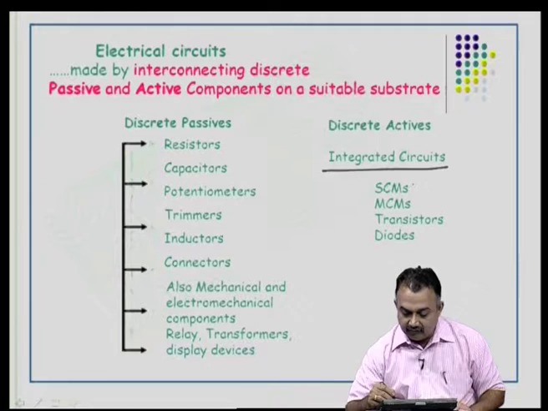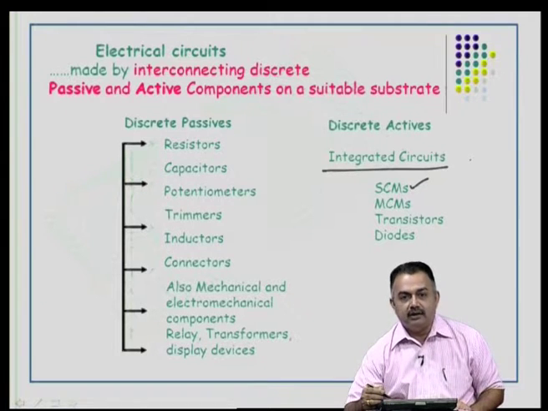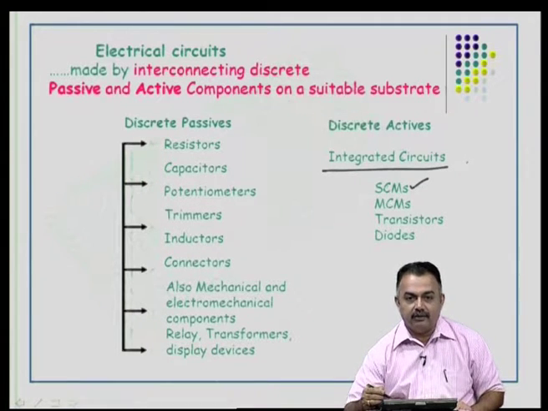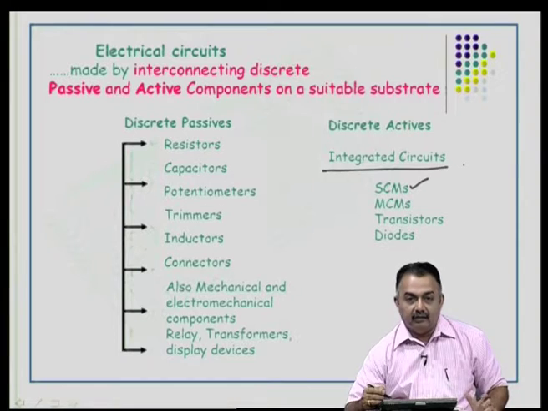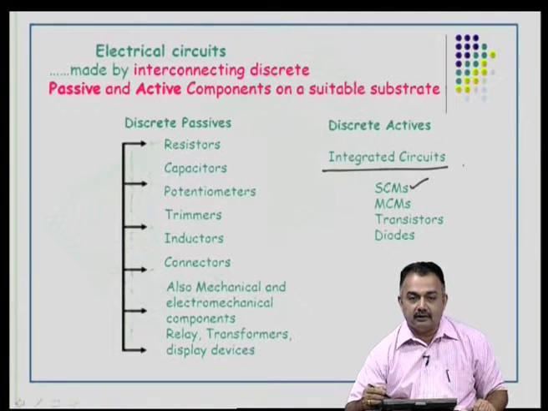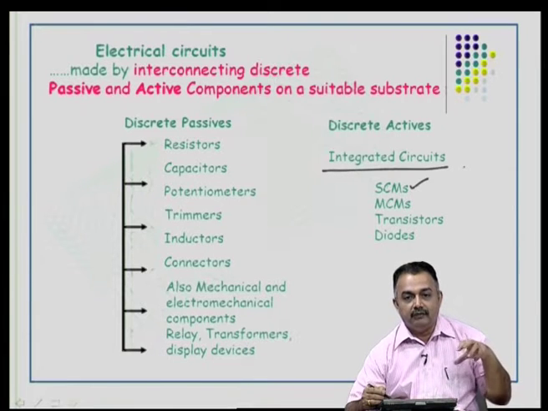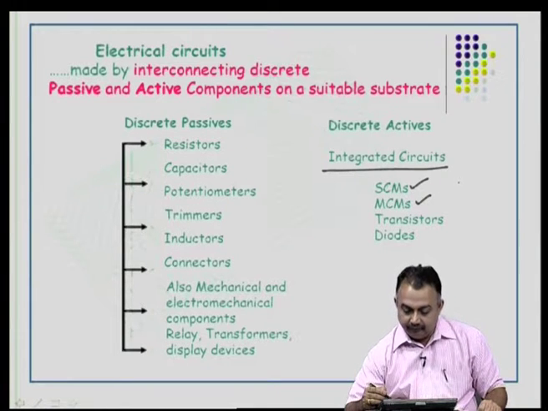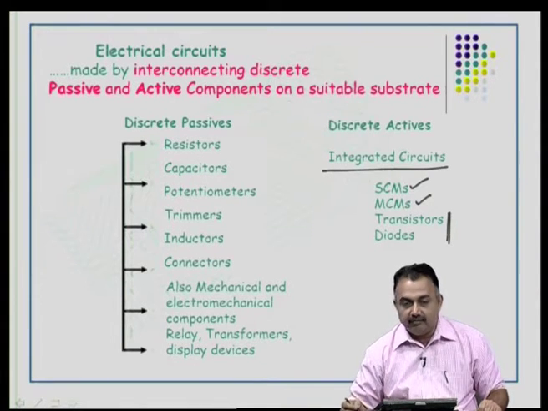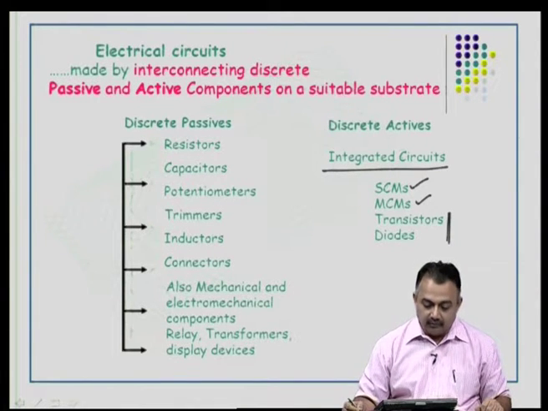We can also have on the board mounted single chip modules, like your BGA is a single chip module, your CSP is a single chip module, and a PGA like your Intel processors or the AMD processors are single chip modules which will be mounted on the printed wiring board. You can also have multi chip modules connected, then various transistors, diodes, etc. So, these are the basic active devices that could be used.